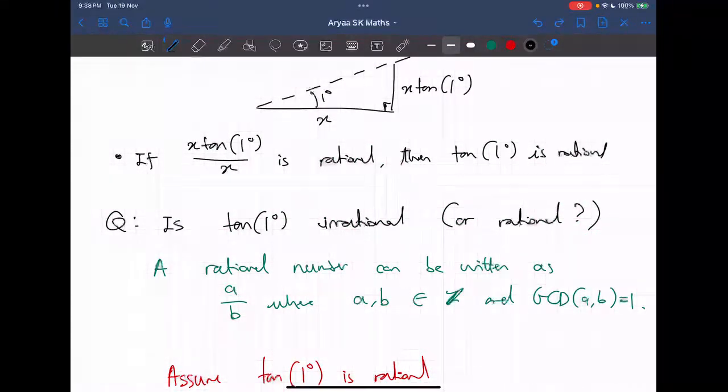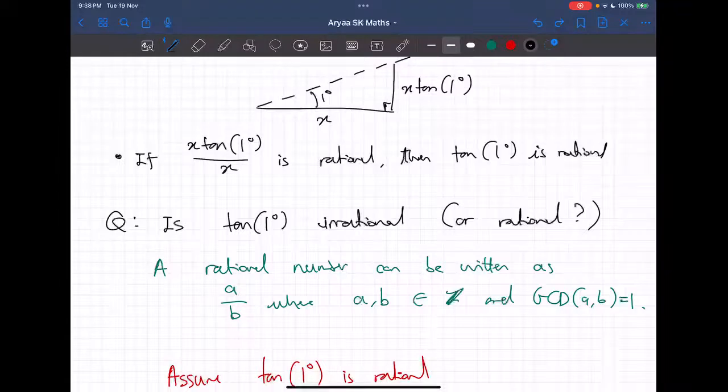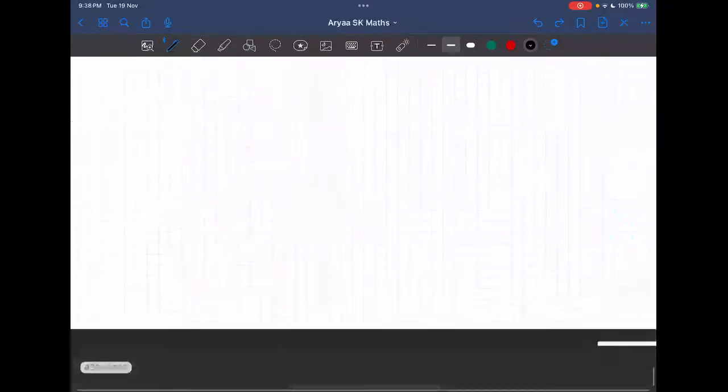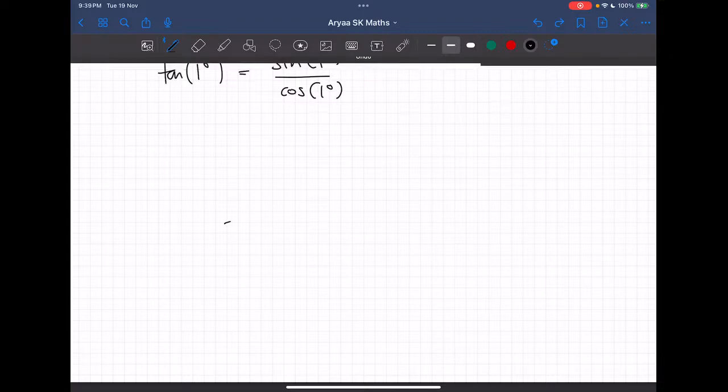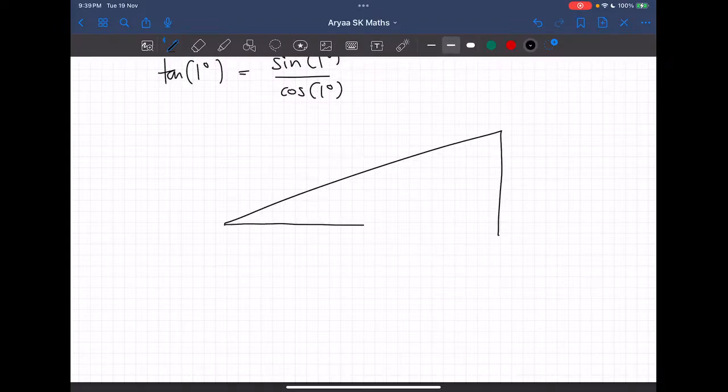So a rational number can be written like that. So I guess the question is, can we make a right-angled triangle with the angle here as 1 degree, but these side lengths are actually integers?